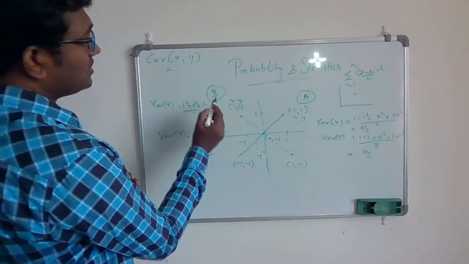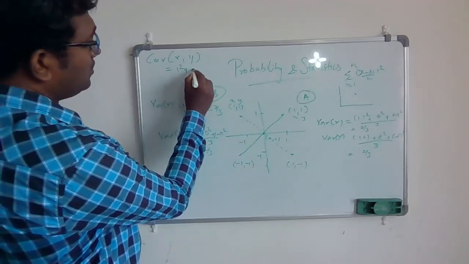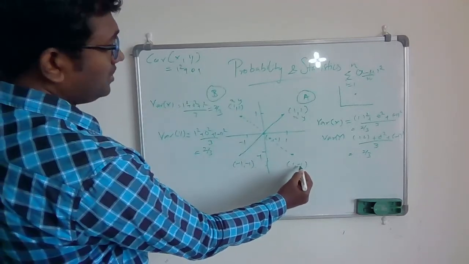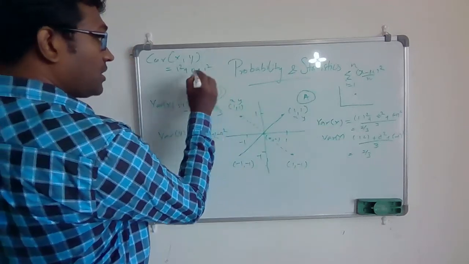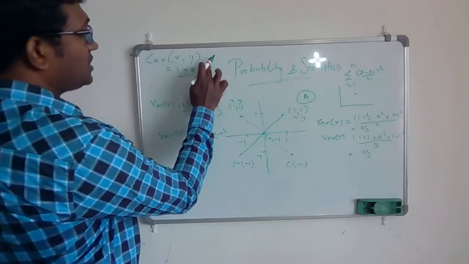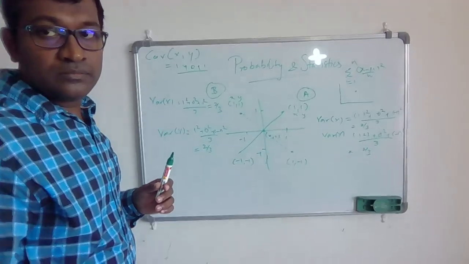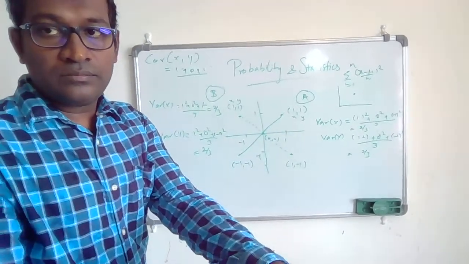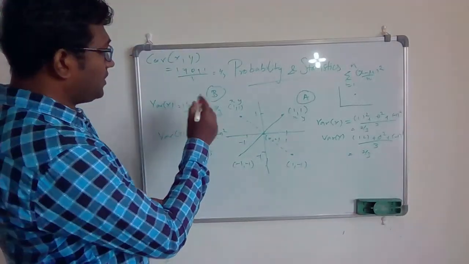The product of the coordinates is 1 into 1, then 0, and 1 into minus 1 is minus 1. Sorry, you don't have to square it, you just have to multiply it. Yes, we should not square it.